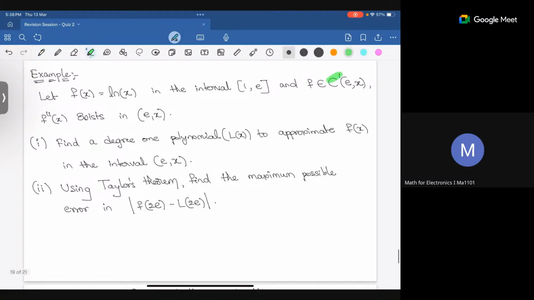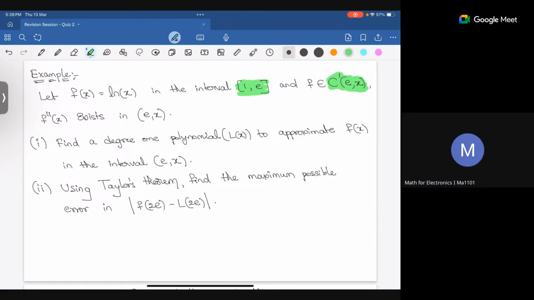and this symbol C1 means that f and the first derivative both are continuous in the interval e comma x. We have given f of x in this interval, but we don't know how the function is behaving after e.